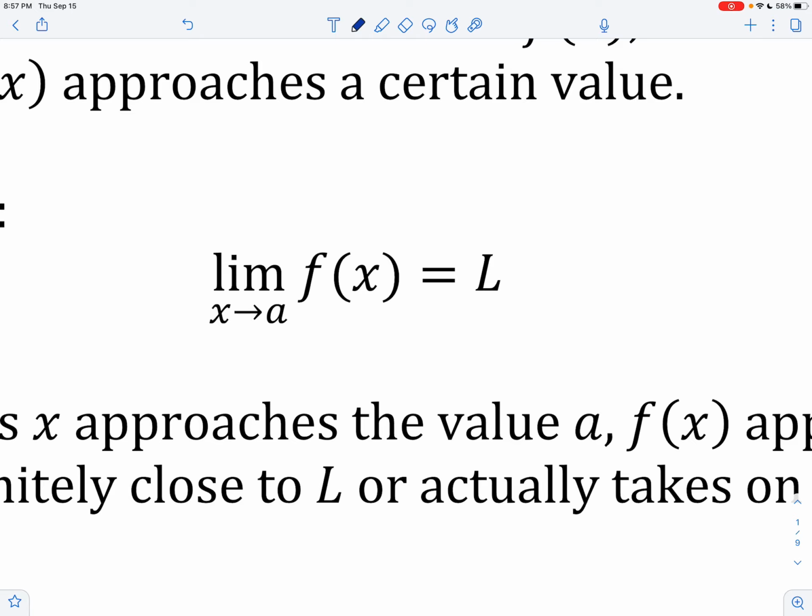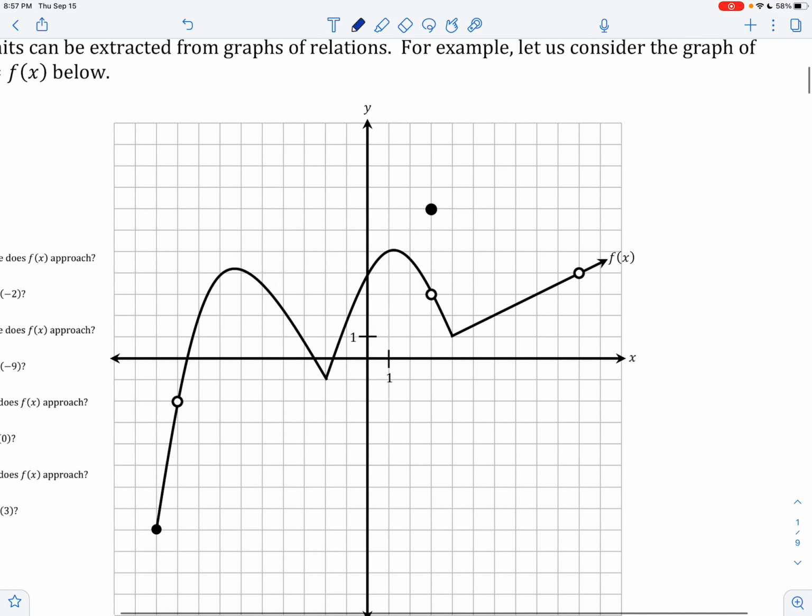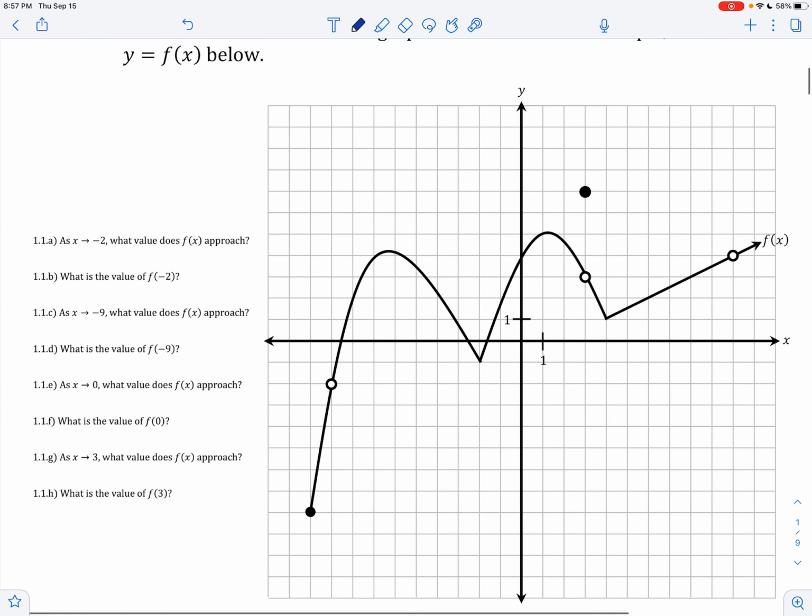And we can see that on graphs with something like this. Now the questions I've got on the left here are the questions for you to think about on the next page, so you can fill in your answers there as we go along. I've just got them here on the left so that I don't have to toggle back and forth between the pages.